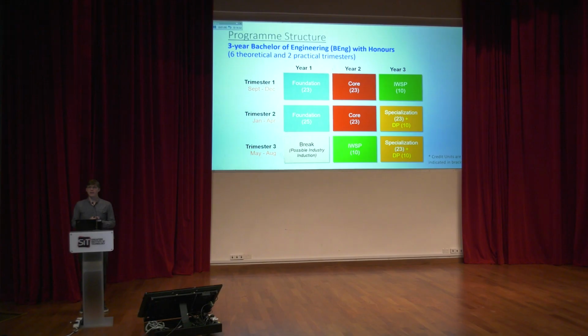internship basically. But then in the second and third year we have our big IWSP, integrated work study program, where our students are spending 8 months full-time with the relevant industry.